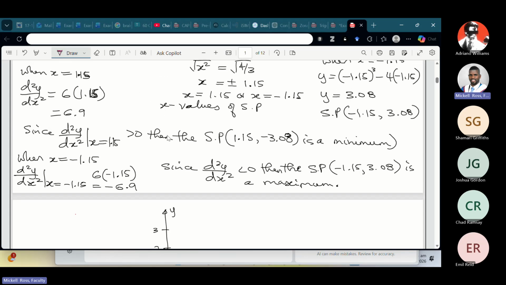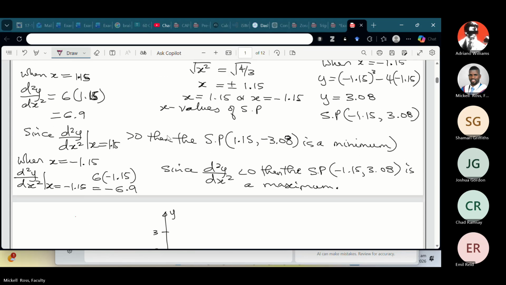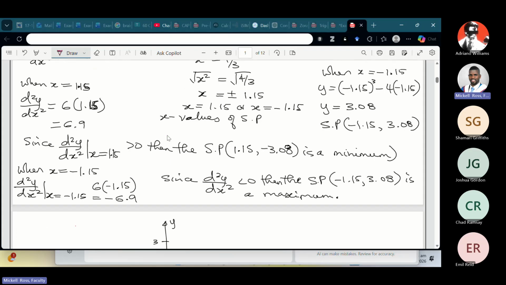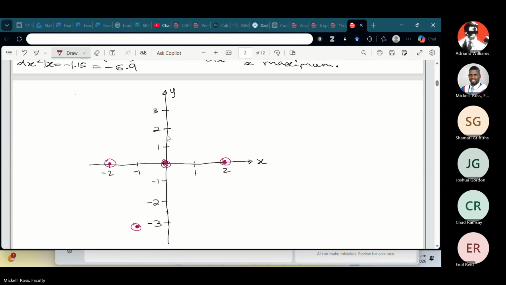And then, no, did I get it mixed up? Yes, I did get it mixed up. Sorry. So it should be over here, +1.15. And then the one that is negative is going to be up here.